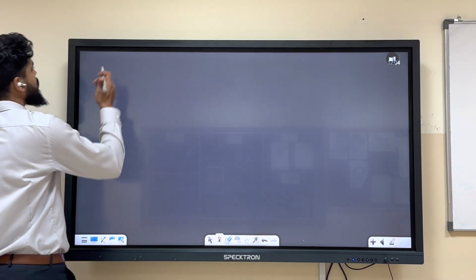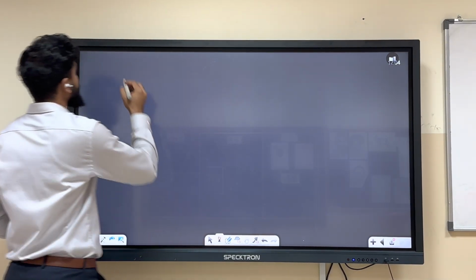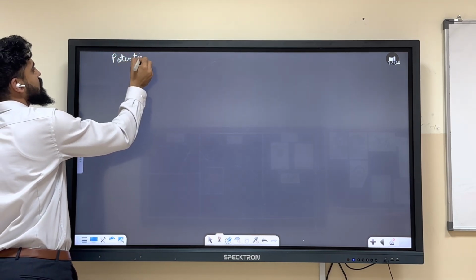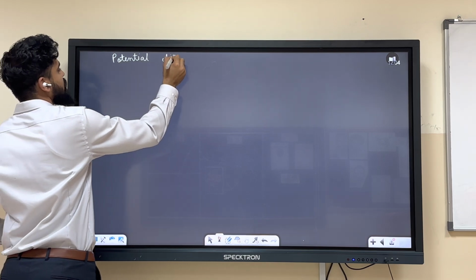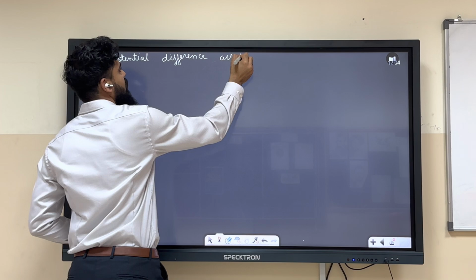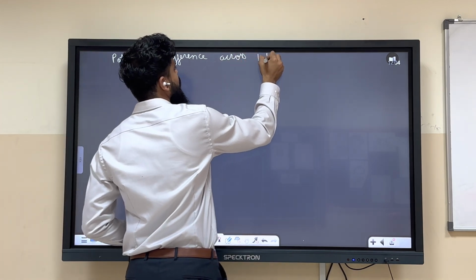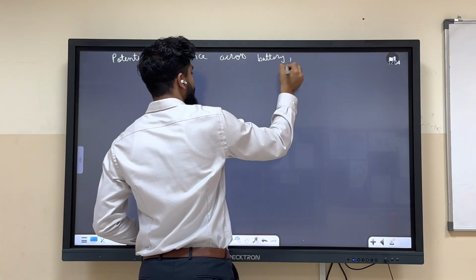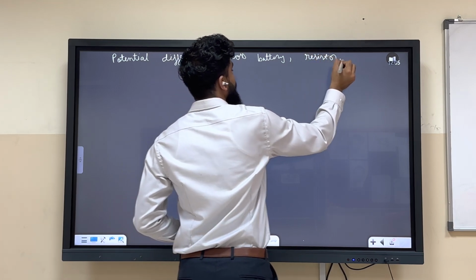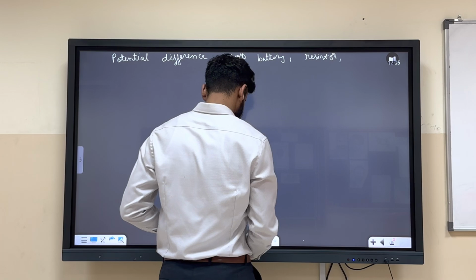So we can write the potential difference across a battery and a resistor.